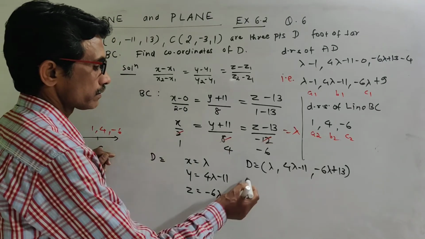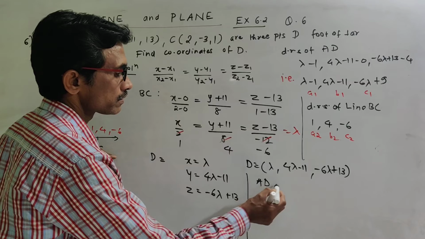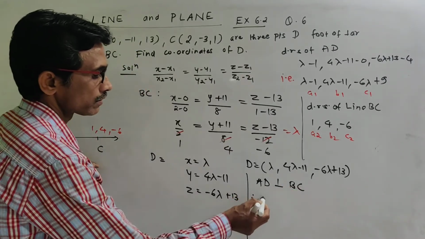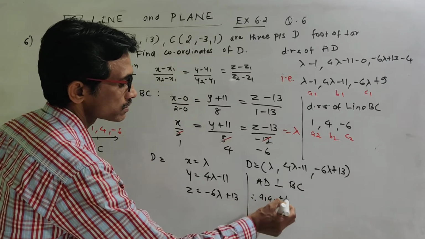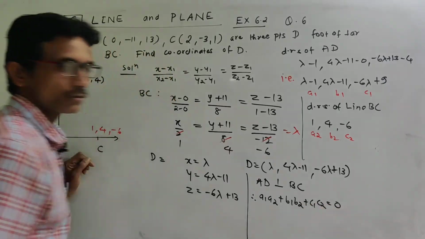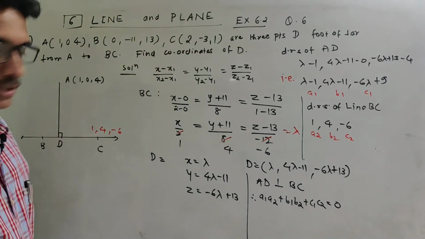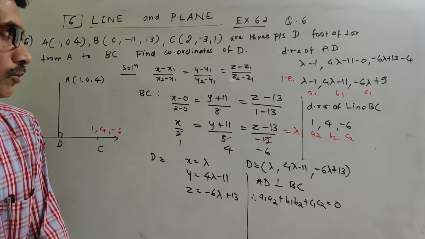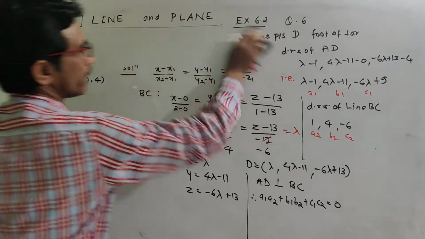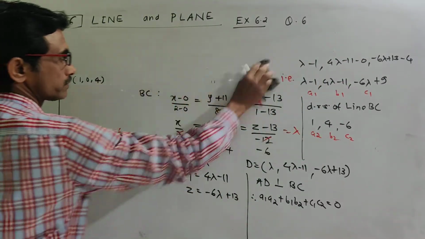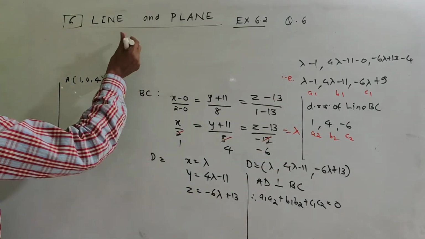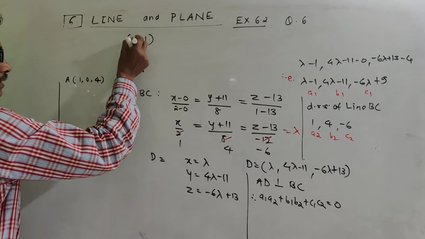So we will write here: since AD is perpendicular to line BC, A1 A2 plus B1 B2 plus C1 C2 is equal to 0. From this we will get lambda. A1 A2 means lambda minus 1 into 1.